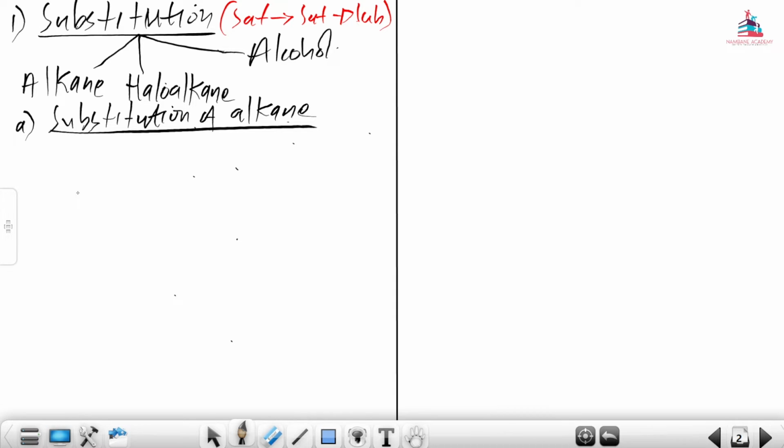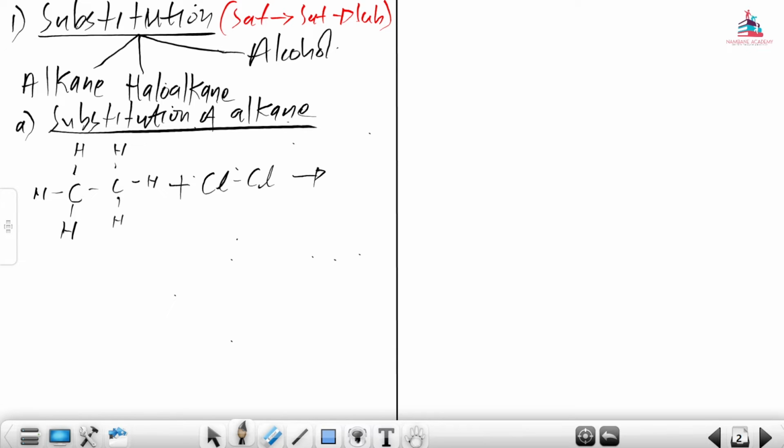Consider having an alkane, ethane in this case. For it to undergo substitution, we must have something that it will react with. So let's have plus Cl2, that is our chlorine.